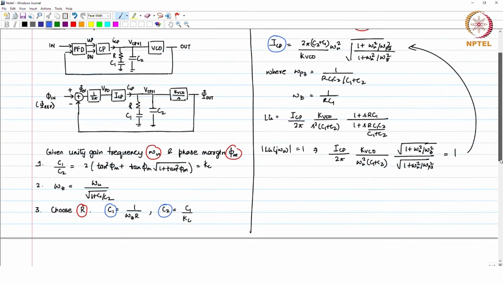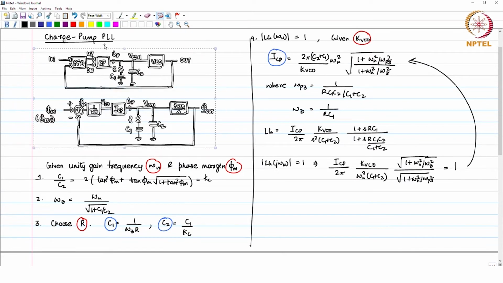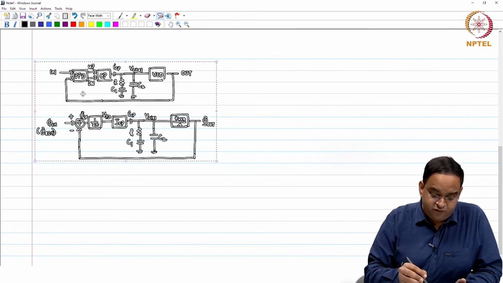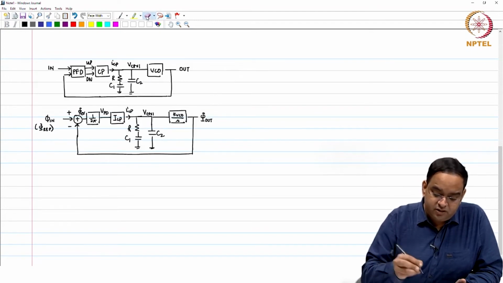Now, if this PLL changes to a clock multiplier, when you are changing the frequency, how does the analysis change? Well, it is very simple. I do not have to do anything here, just make one simple change.